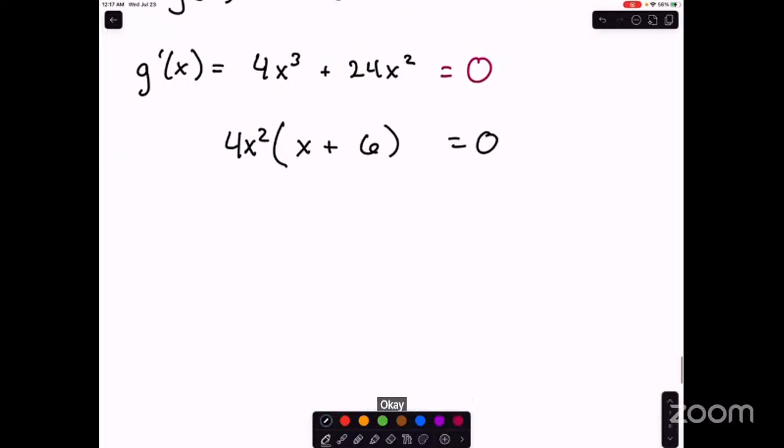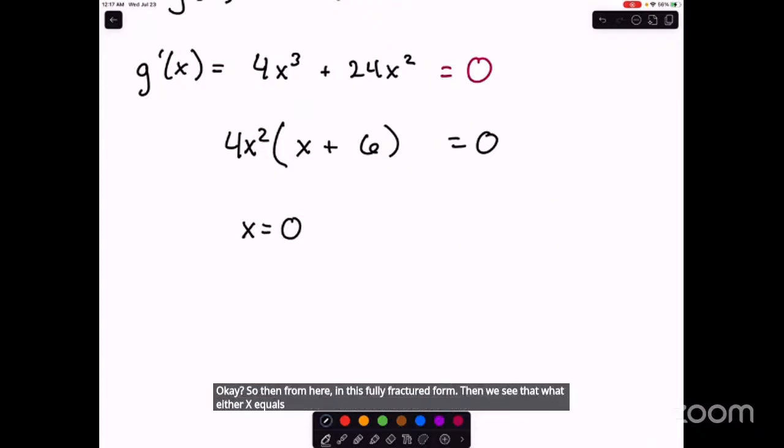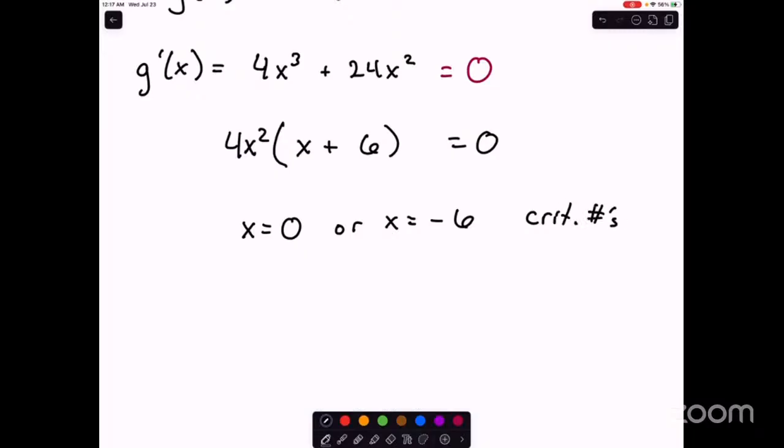In this fully factored form, we see that either x equals 0 or x equals negative 6. These are our critical numbers.